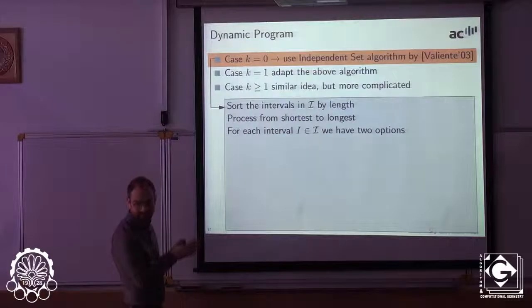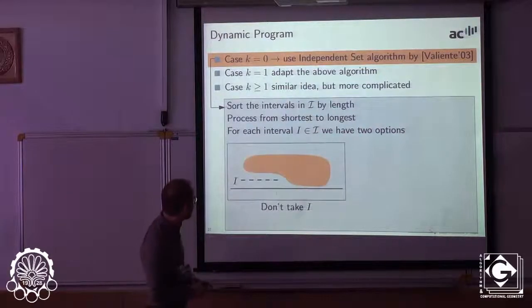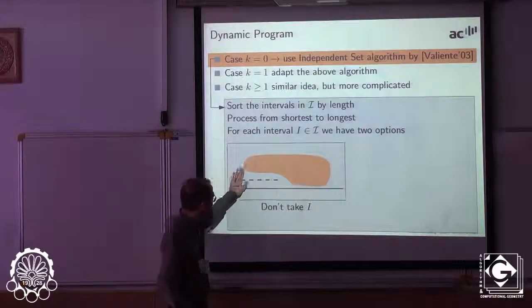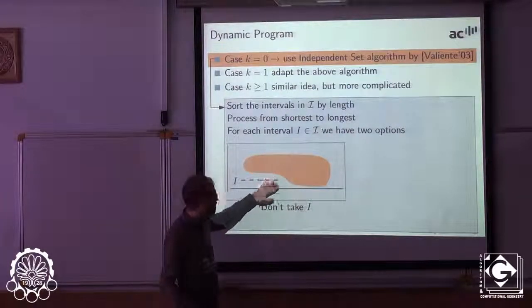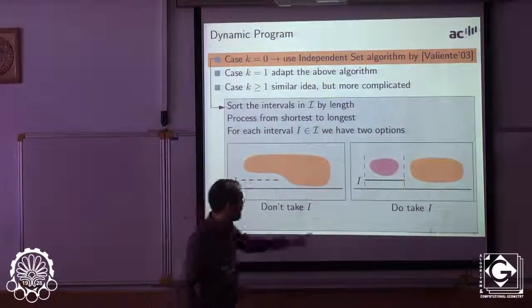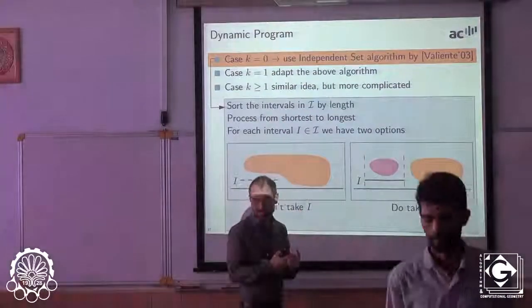So in the case k is 0, what you can do is you sort the intervals by length, and you start processing the shortest ones, and then when you go to larger instances, you have already computed the shorter solutions. Yes, so for every interval you have two options. We could not take interval I, and then we need to compute the best solution on this yellow region, but this will not be part of it. Or we do take I, and because we have k is 0, we do not allow any crossings.